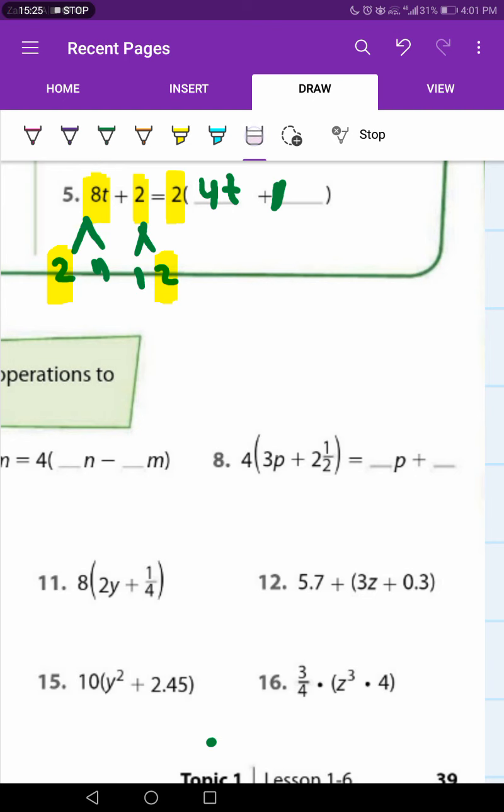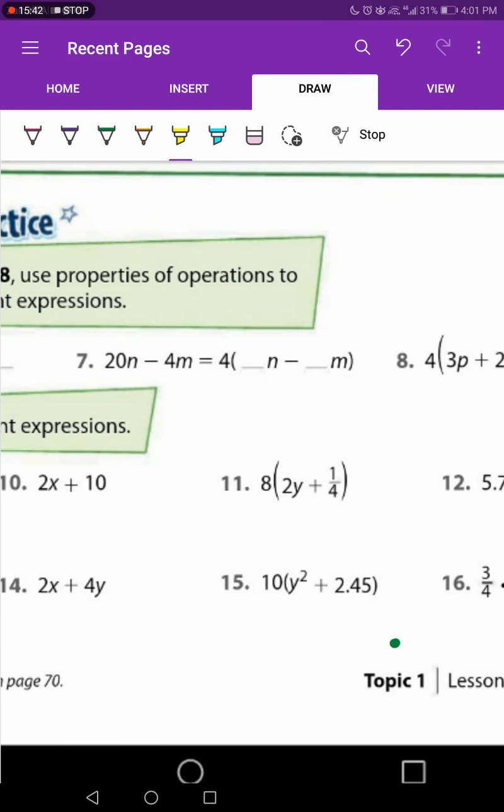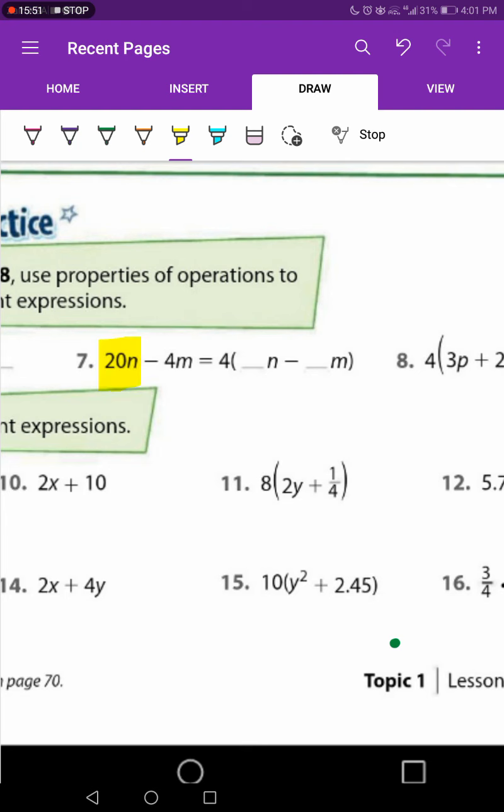Now, if we want to check whether our work is right or not, try. 2 multiplied by 4t equals 8t. 2 multiplied by 1 equals 2. Now come here to 7 and check. We have 20 and 4m. He takes the 4 as a common.